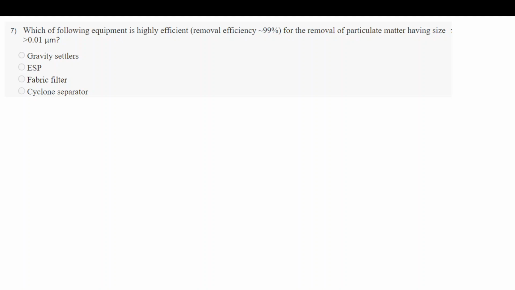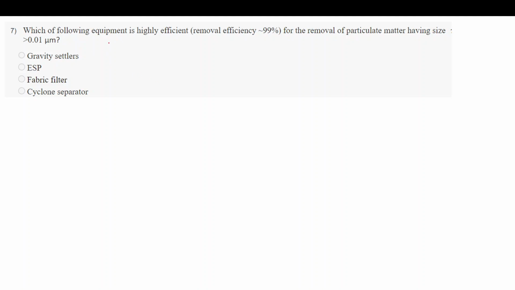So the question remaining is: which of the following equipment is highly efficient, with a removal efficiency of approximately 99% for particulate matter having size greater than 0.01? So this is a very small size.